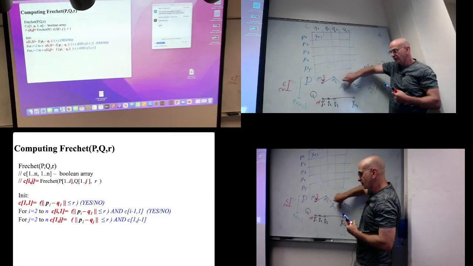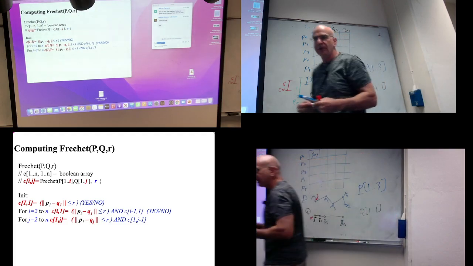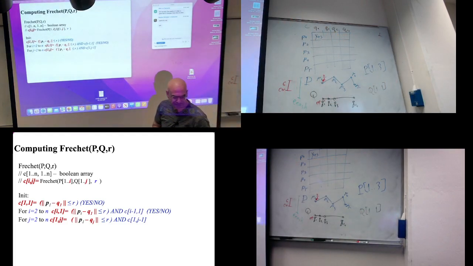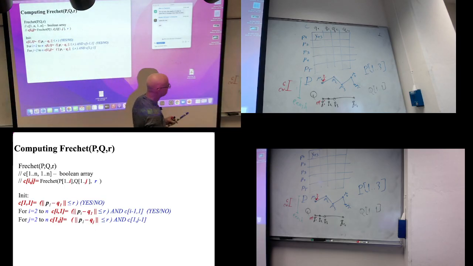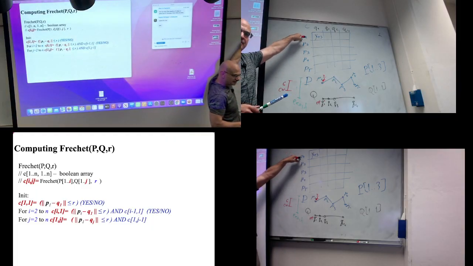Definitely you cannot do the whole trip if even at the starting point the distance is already larger than R. Okay, so the answer right now will be yes.